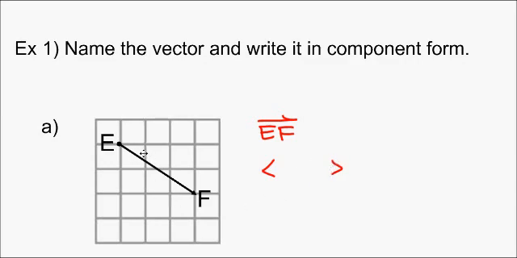I want to do horizontal movement first, so I've moved over 3 units. So I put a 3, comma, down 2. So -2. You use a negative for moving down or to the left.